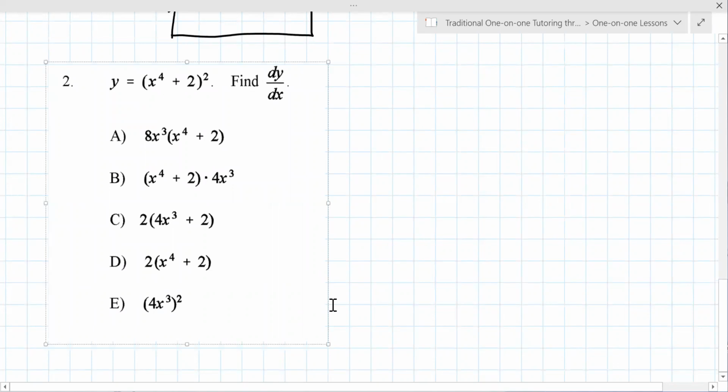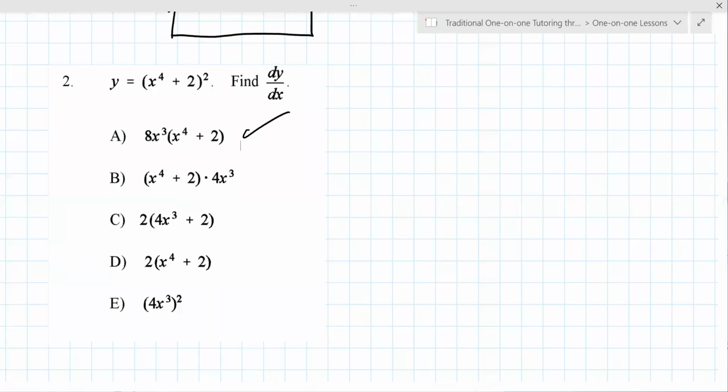So 8x cubed times 2. Yep, that's right. It's so much. Wow. When I see it done first, I understand, but then I forget.